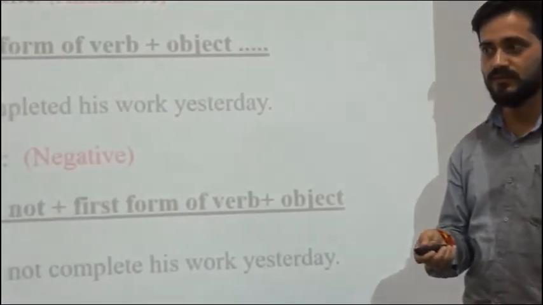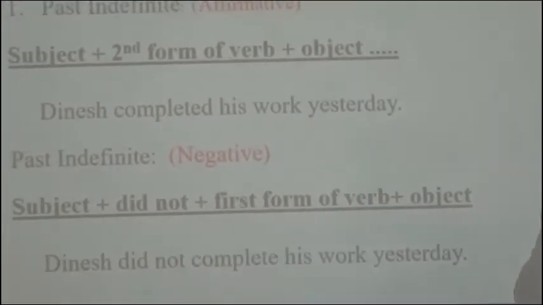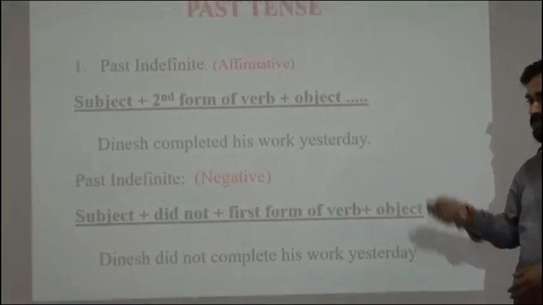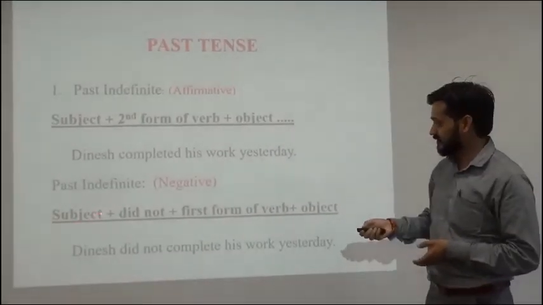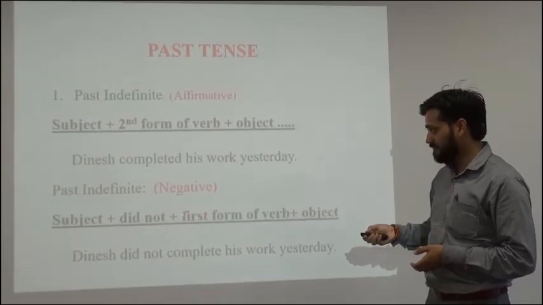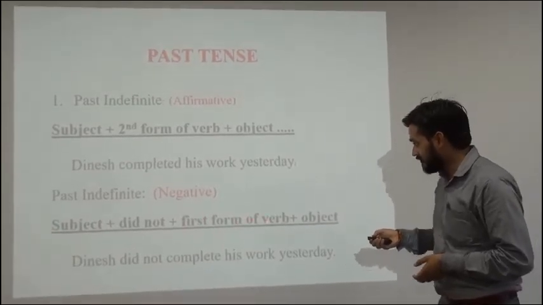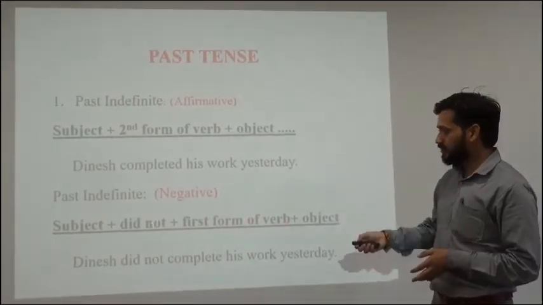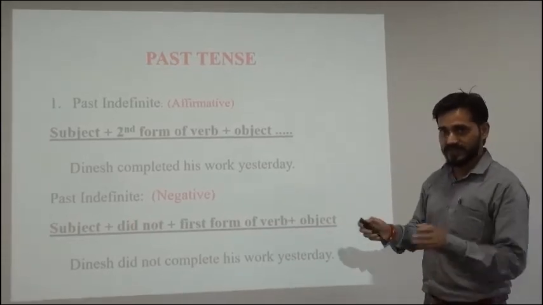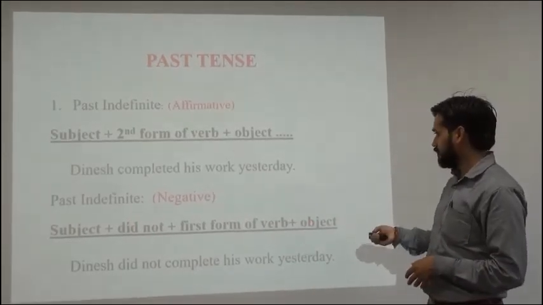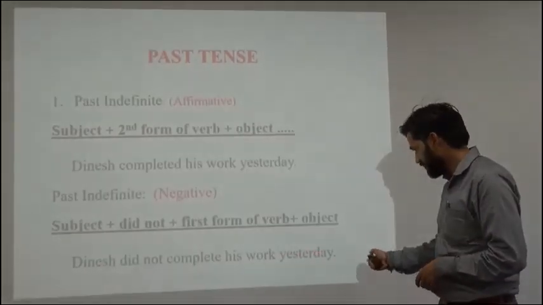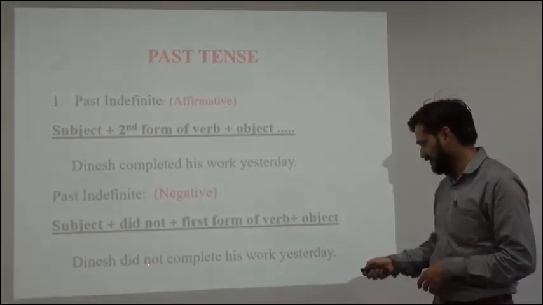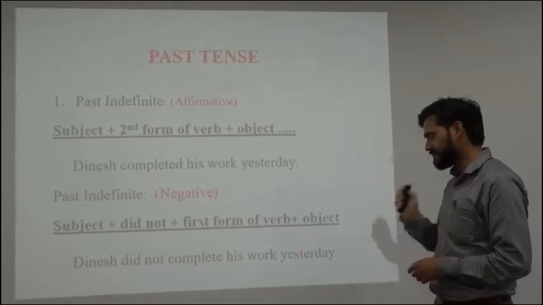Now suppose that you don't agree with something, suppose that you have to say no in the same sentence, then there is a different set of expressions, that is subject, did not, and one basic thing, the first form of the verb. With did not, you cannot use the second form of the verb, then object and time. You see this sentence: Dinesh did not complete his work yesterday.